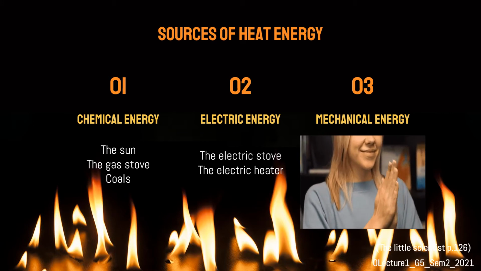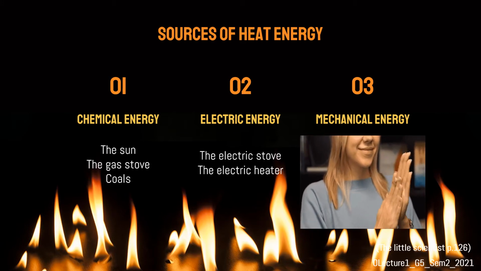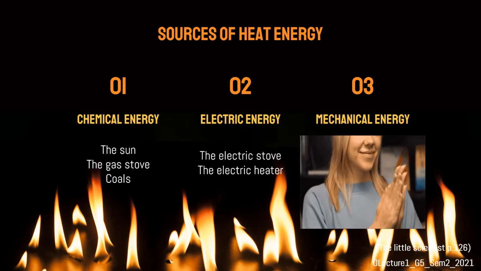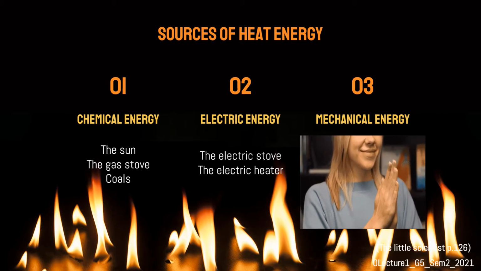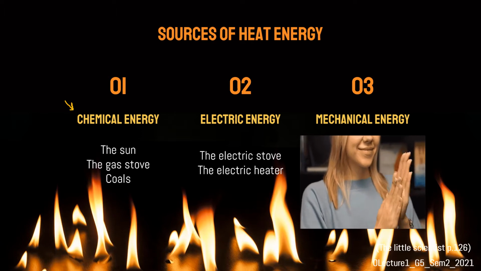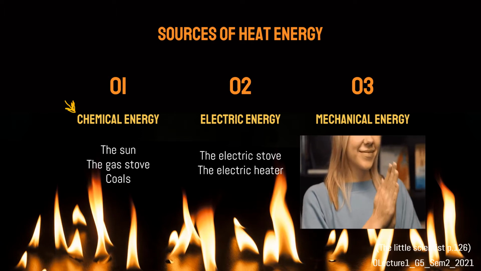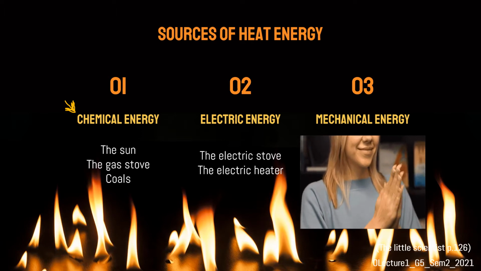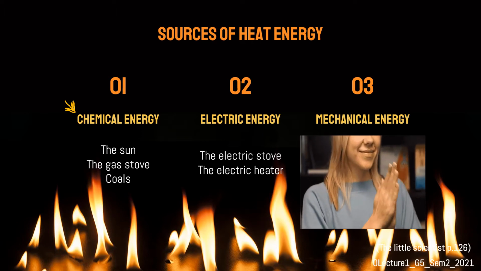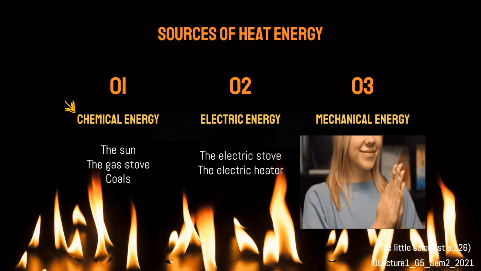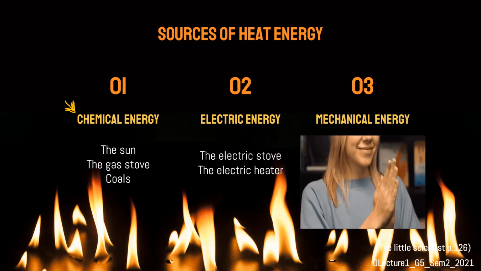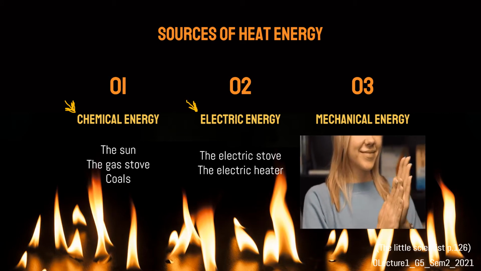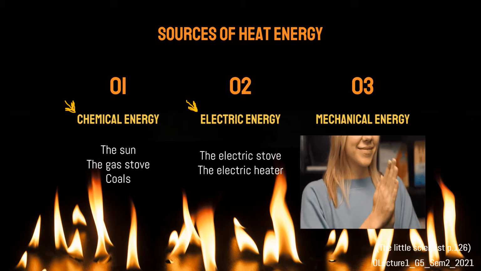Let's repeat this. There are three different sources of heat energy. Chemical energy, as we said, when things burn to produce heat energy, we say that we're talking about chemical energy. When electricity is used to produce heat energy, we say that it's the electric energy that changes into heat energy.